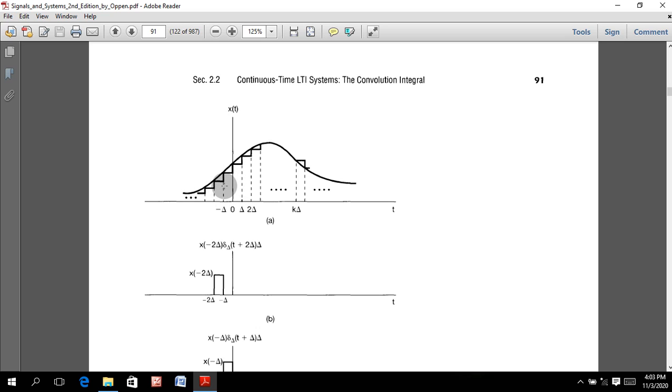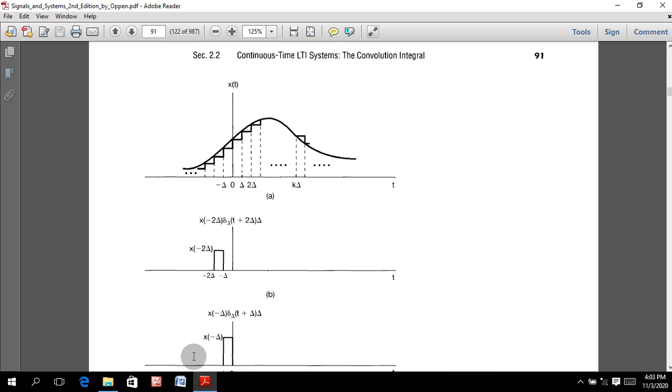We have taken a stairwise approximation where we can find the impulses of the continuous time signal, and it can be written over intervals such as minus 2 delta to minus delta. It can be assumed as a gate function, written in this format.